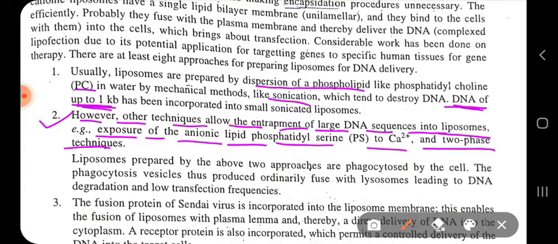So by exposing the anionic, that means negative charge lipid like phosphatidylserine, to calcium ion, and two phase techniques, liposomes can be prepared so that a large amount of our target DNA can be inserted.